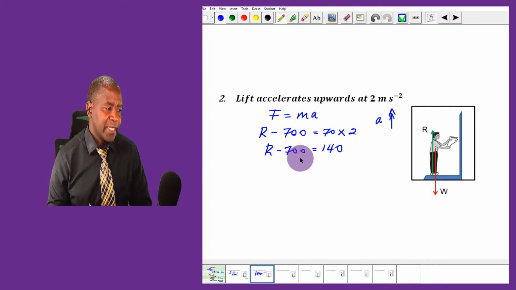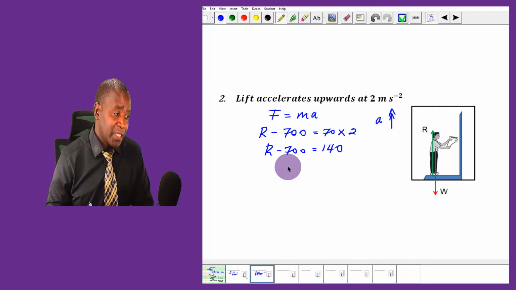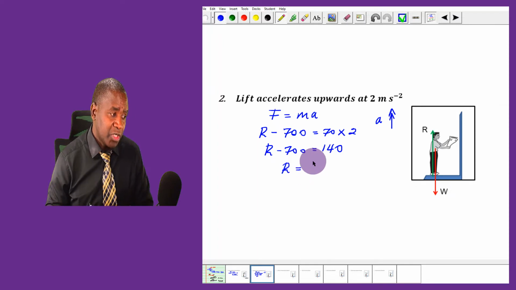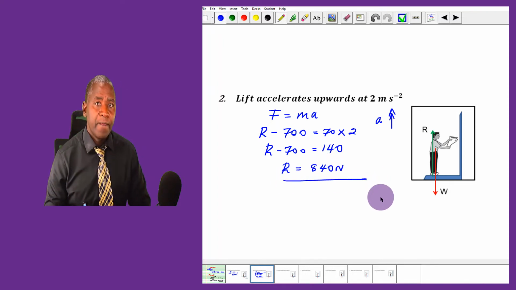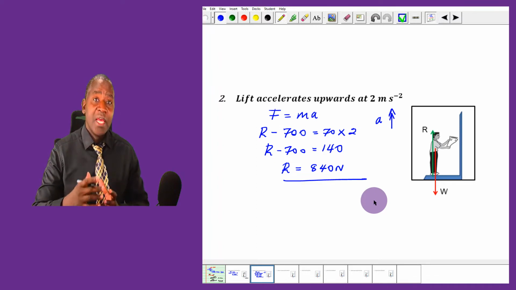In other words, the resultant force acting on this person now is 140 newtons. And that is the force which produces that acceleration of 2 meters per second squared. Therefore, R, if I add 700 to both sides, I'm going to get 840 newtons.